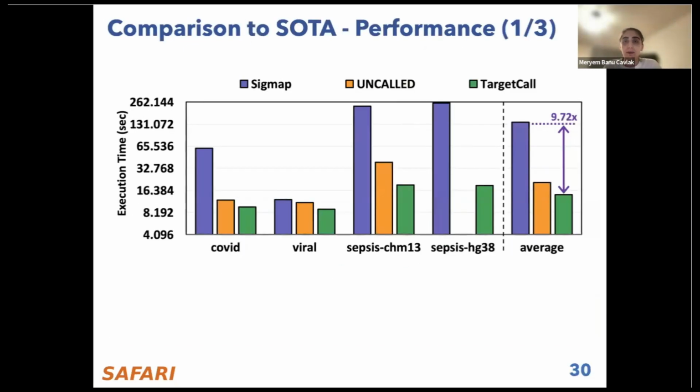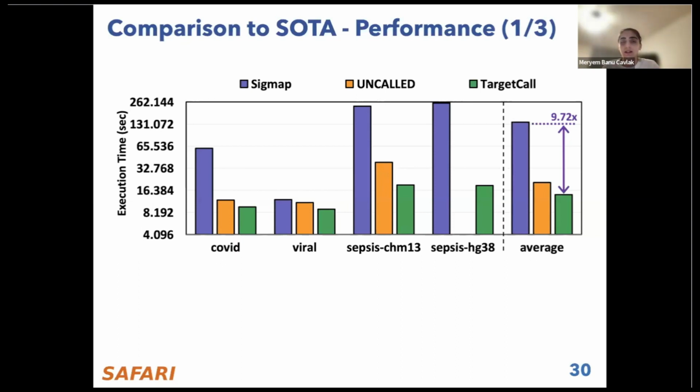And next, we compare TargetCall against these prior approaches, SIGMAP and Uncalled. Here we have 4 different labels on our x-axis because we have 2 different reference genomes labeled as CHM13 and HG38 for the sepsis use case. And now in the legend, we have SIGMAP, Uncalled and TargetCall, like before. And we have a couple of different evaluation metrics.